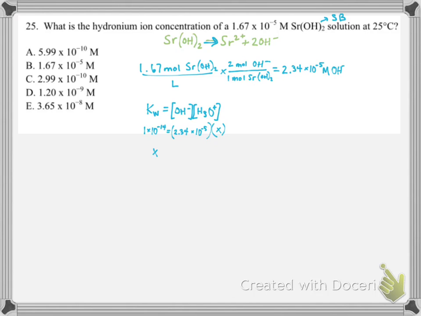And we find that this is equal to about 2.99 times 10 to the negative 10 molar, which is C. Okay, so don't forget about your balanced equation.